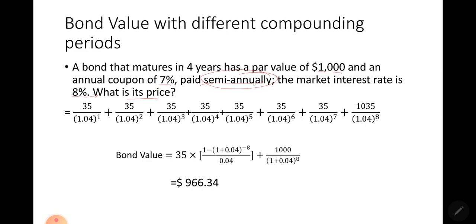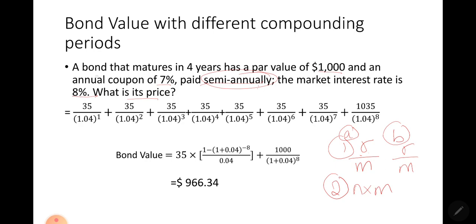So now you do not have annual payments, instead you have semi-annual payments. So you will have to do two steps once again. One is to divide the interest rate, and number two is to multiply the n by the compounding periods. But be careful that over here you actually have two interest rates, so you will have to do this step two times.